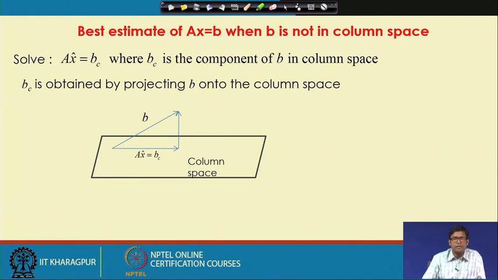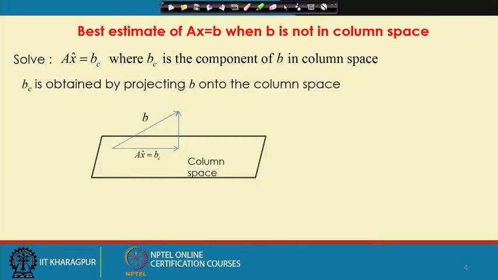Why? Because b c is in the column space, so there should be some x tilde, some coefficients which are multiplied with the columns of A, and the linear combination will give us b c.